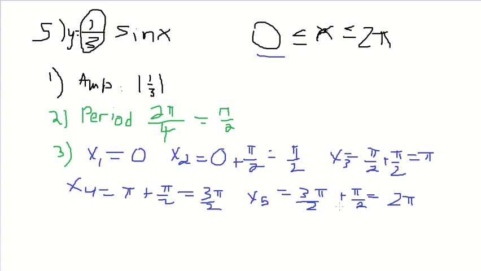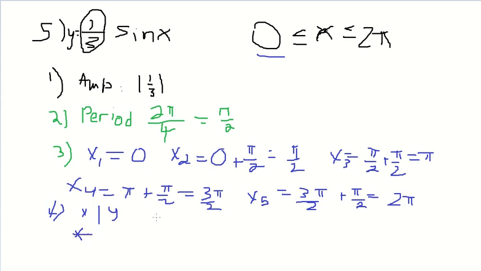Okay, and so I'm running out of space. For number 4, what we're going to do is get the x and y points. x1 is 0.